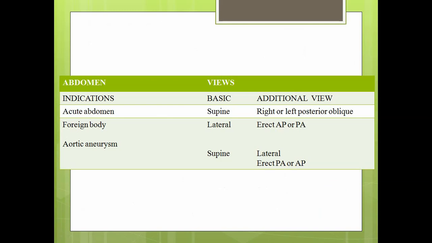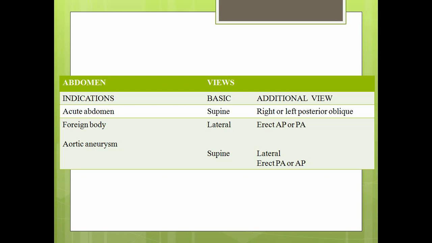So what are the major indications in radiography of the abdomen? Usually when you take an abdomen radiography, there is the anterior posterior view, AP view. Usually PA is not required; we will not take a PA view.